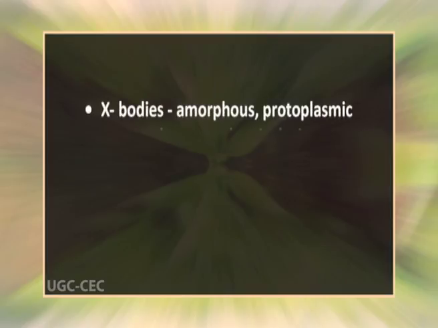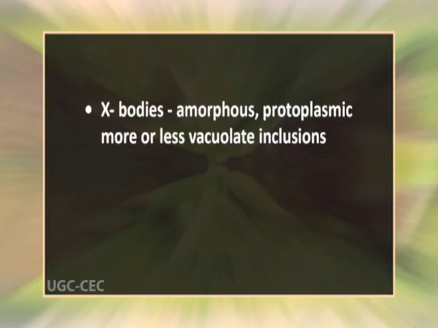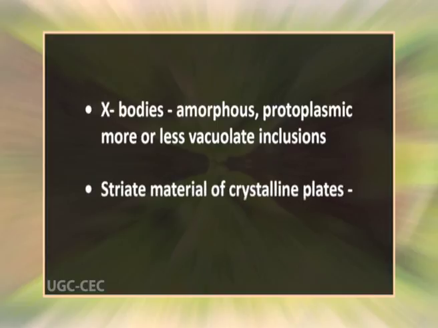The X bodies are amorphous, protoplasmic, more or less vacuolate inclusions, whereas straight material of crystalline plates give protein reaction. These crystals resemble the purified virus protein crystals. The intranuclear fibrous and crystalline inclusions are produced by a yellow mottling strain of tobacco mosaic virus.